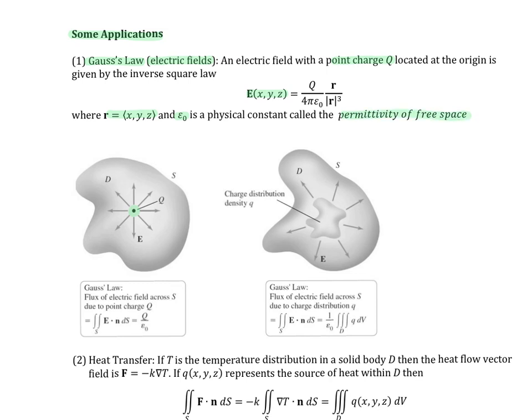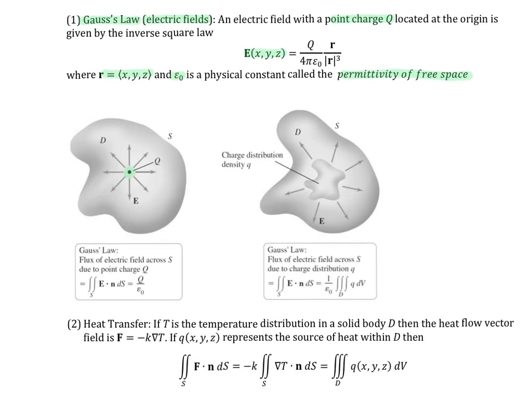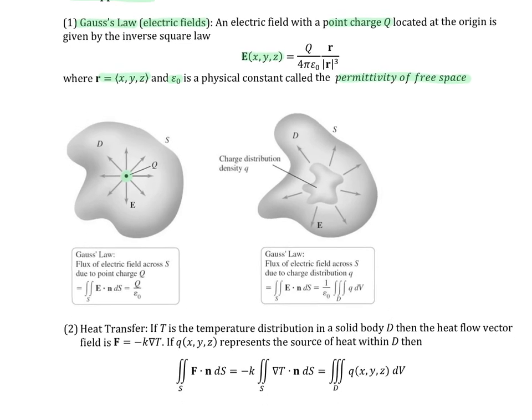So to compute this flow of electricity given this charge, you would use this Gauss's law formula, which is simply this double integral. And E is going to be considered your vector field here.